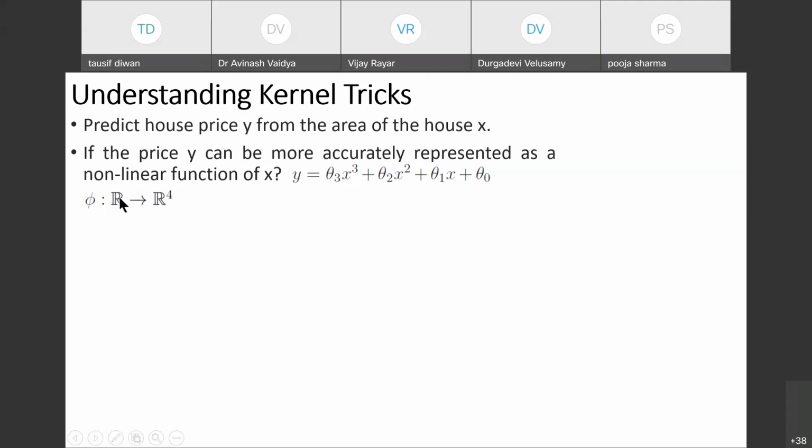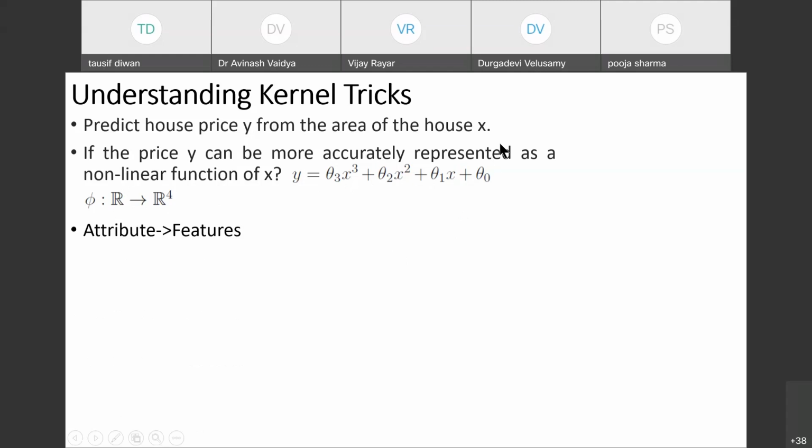Generally, we can say that R^d is transformed to R^p, meaning a d-dimensional vector is transformed to a p-dimensional vector, wherein p is greater than d. In this example, the value of d is 1 and the value of p is 4.